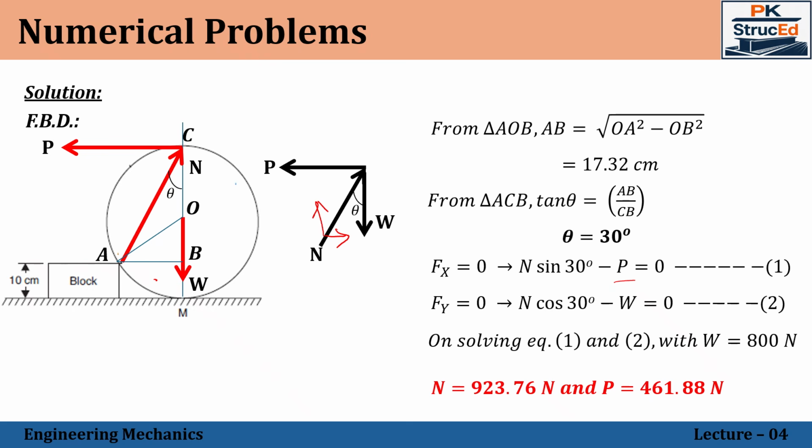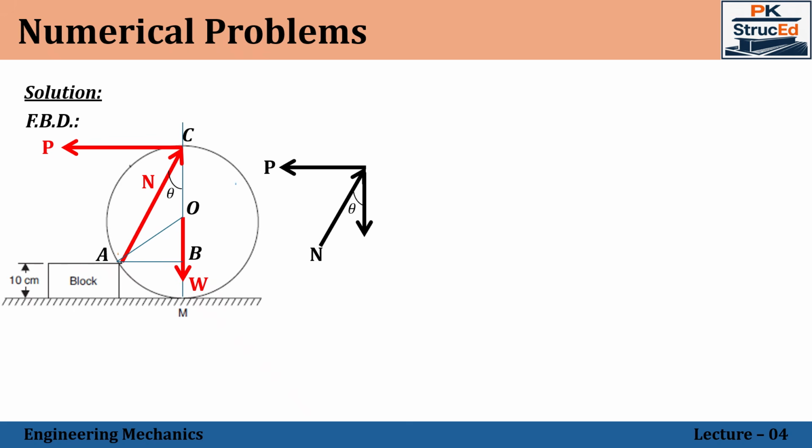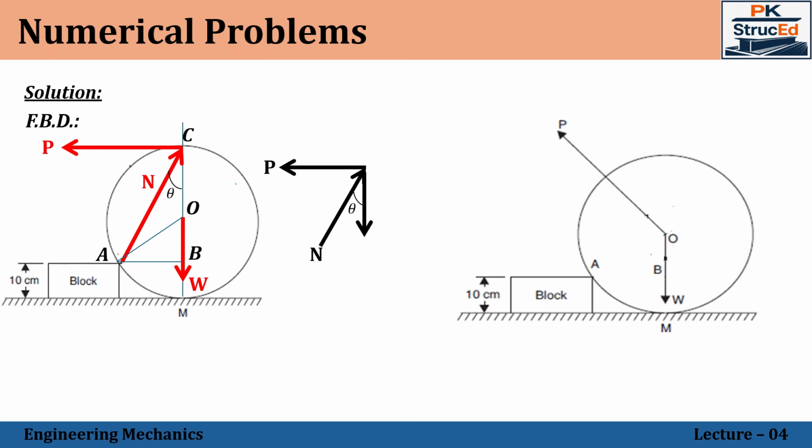This is a conventional problem asked in most examinations. And it's not only this one, we have one more case available. Rather than the applied force acting at the top of the wheel, sometimes the force may be acting at the center of the wheel also. What are the differences?